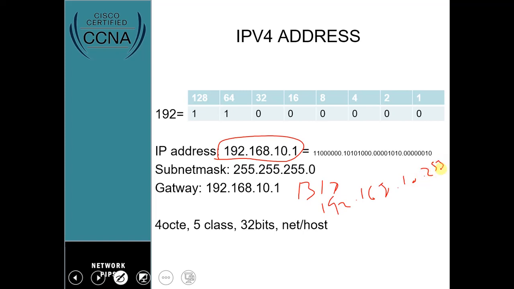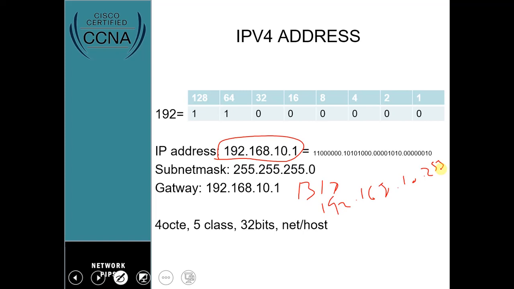Understand? The last address is always 255, and that's the broadcast ID. It's not going to be assigned to anybody on that network. It's used for sending broadcast messages to devices on that network. That's what that ID is used for.